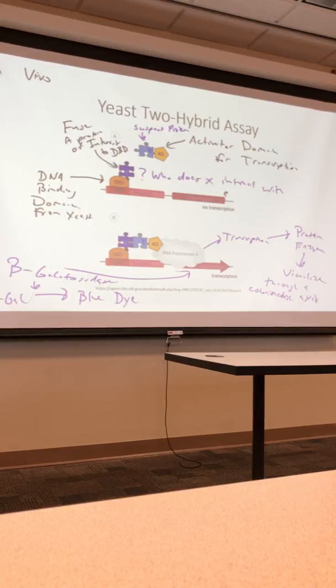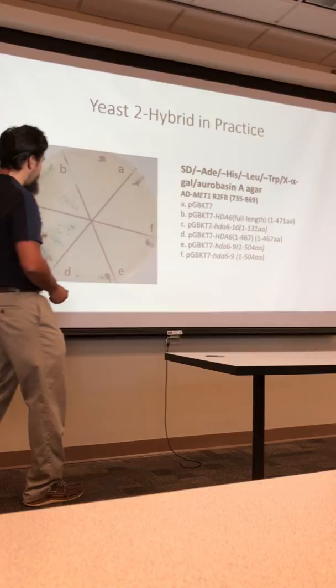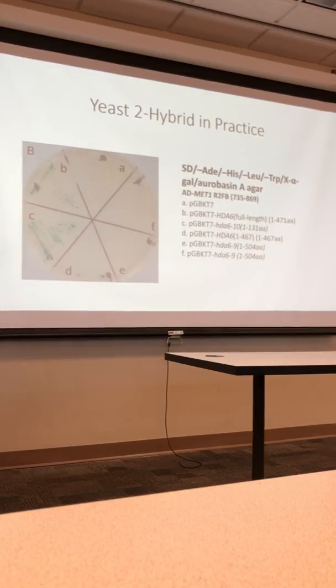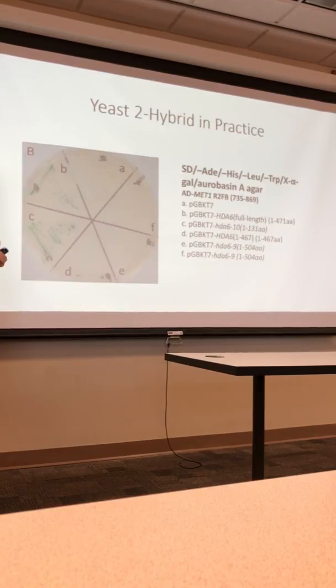We mess with that in animal. And so here's an example. We have different partners that we're baiting. We have a protein that we are baiting some prey with, and we have different preys here attached to an activator domain.